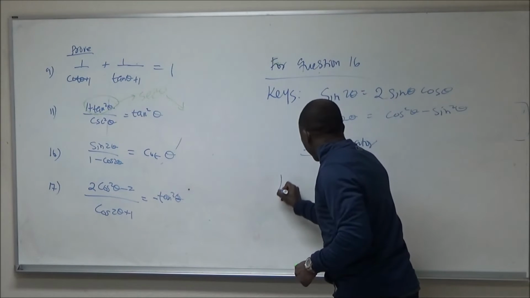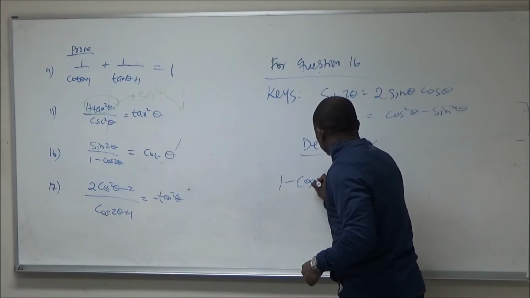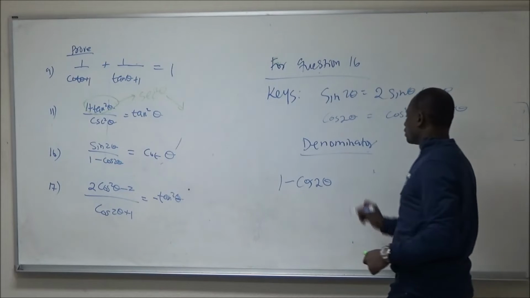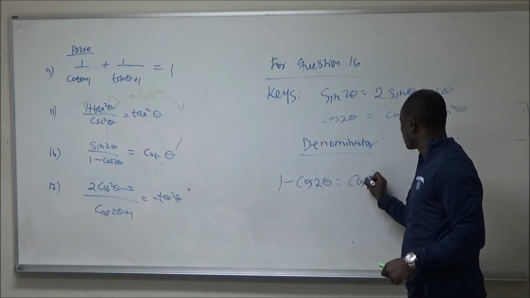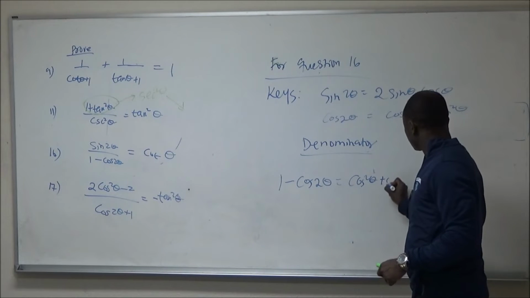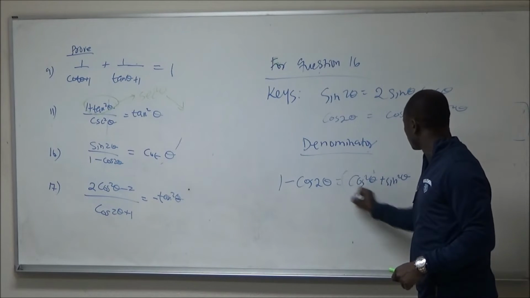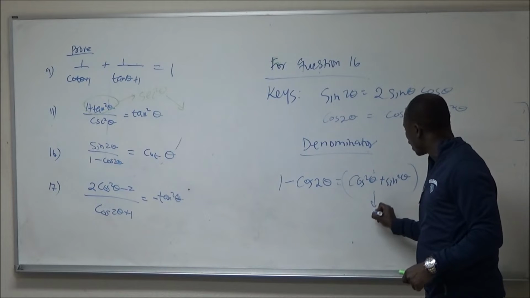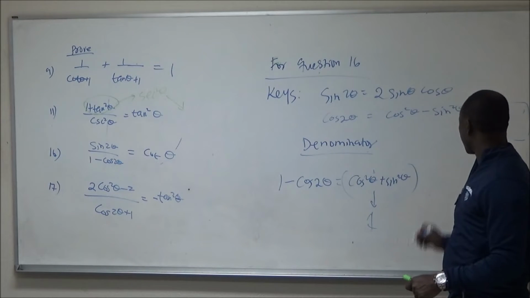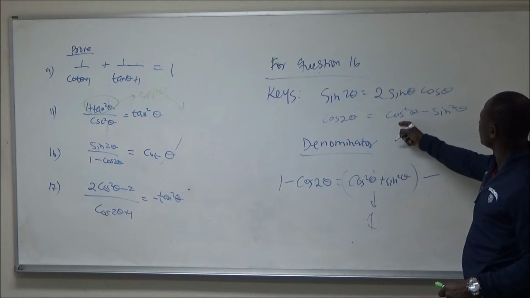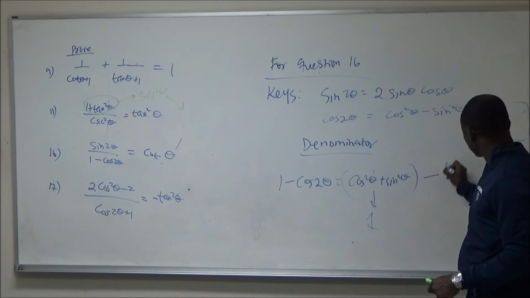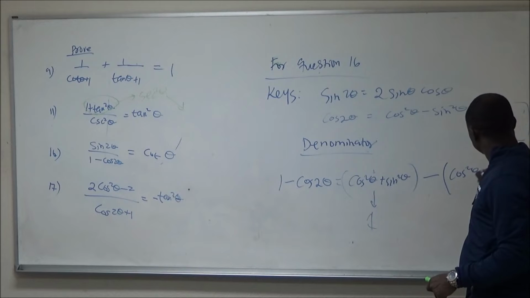What I'm saying is if I have 1 minus cosine 2 theta, I could think about it as 1 is cosine squared theta plus sine squared theta, right? That's one way I could think about it. That stands for 1. And then minus, we already know what this is: cosine squared theta minus sine squared theta.